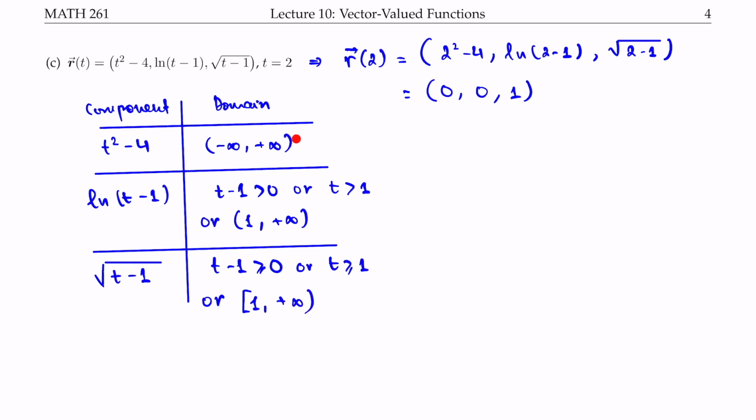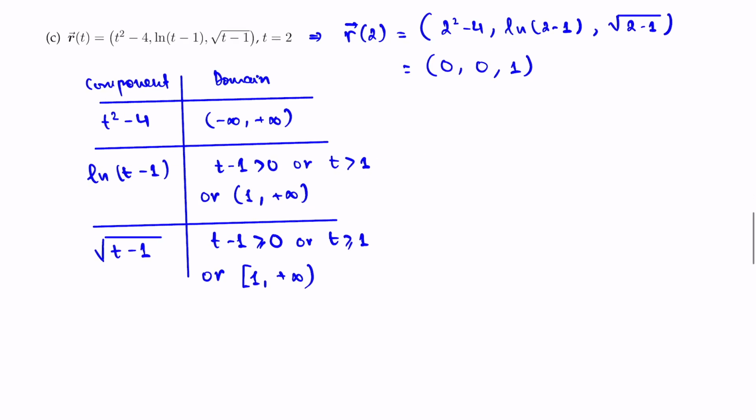And if you find the intersection of these three domains, you're going to get that the domain of the vector valued function is from 1 to positive infinity, but do not include the endpoint 1. So the domain of r of t is 1 to positive infinity, but do not include the endpoint 1.